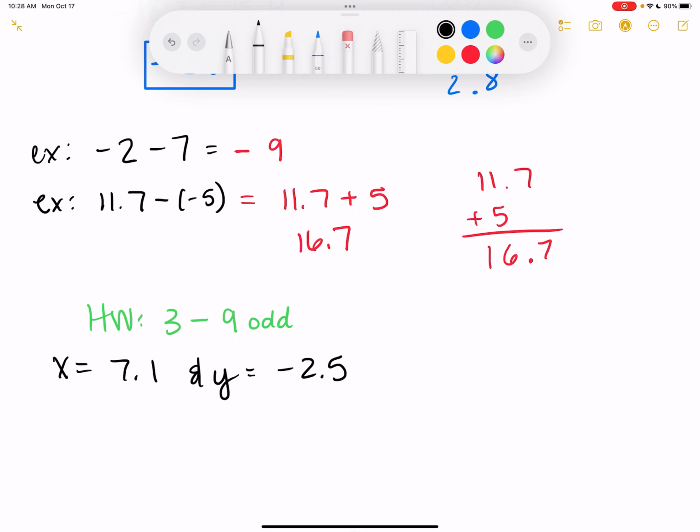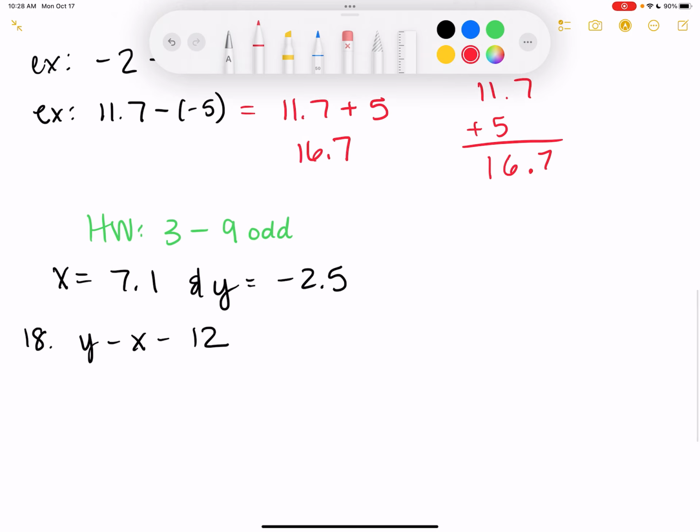So, number 18, we have y minus x minus 12. We're going to be replacing the letters with these numbers. So y is negative 2.5, minus x is 7.1, minus 12.